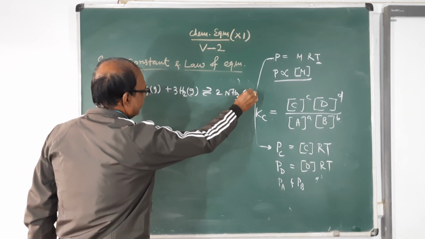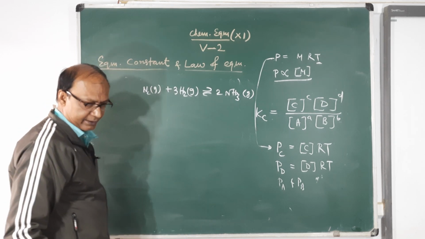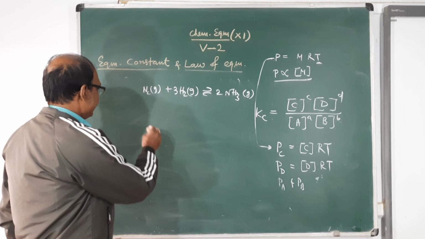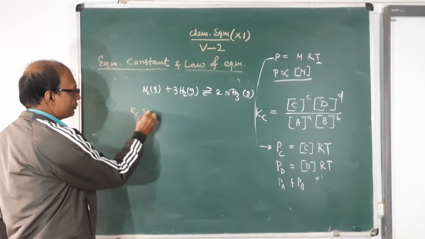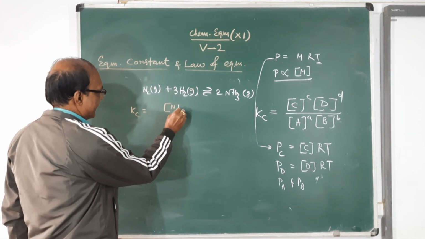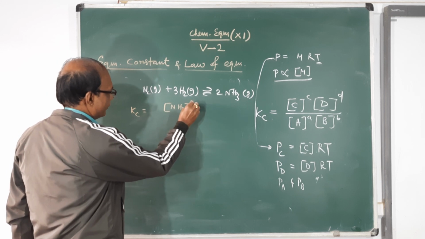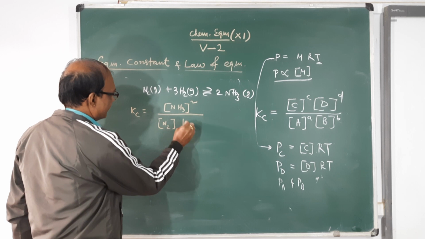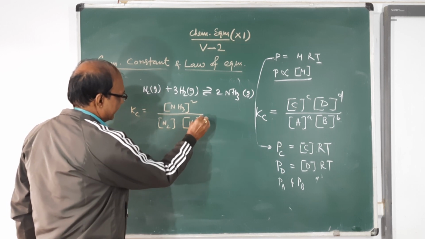So this equilibrium system is considered. In this system, Kc equals molar concentration of ammonia to the power 2 by molar concentration of nitrogen into molar concentration of hydrogen to the power 3.